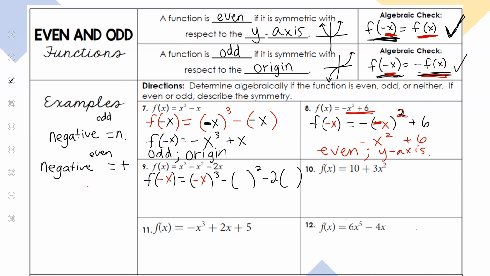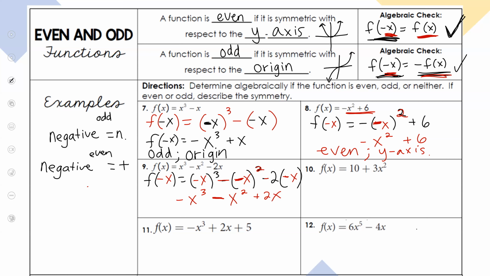I have a negative to an odd power, so it is negative x cubed. I have a negative to an even power, so it is positive, right? But there's a minus in front, so we got to bring down that minus sign. And then I have a negative and a negative. That will be a positive 2x.